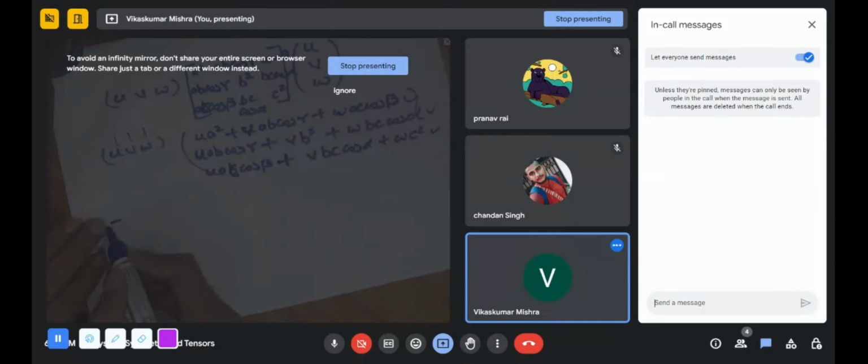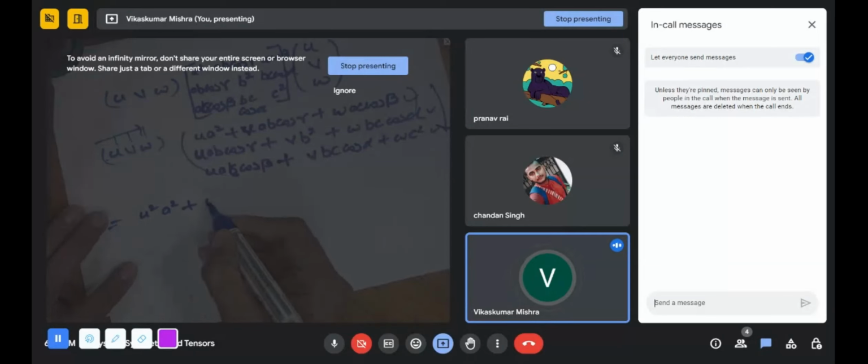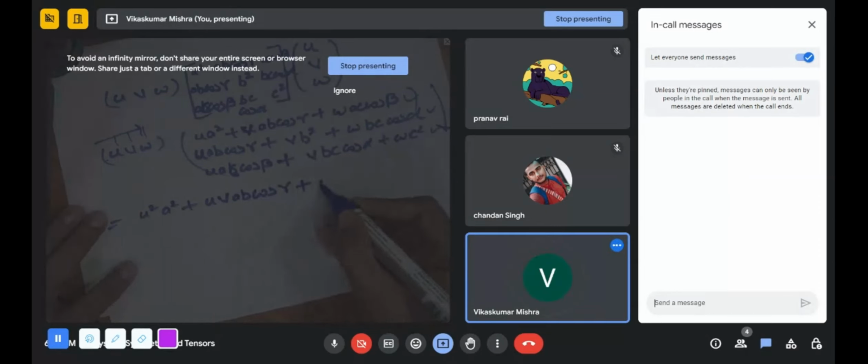We just have to multiply this row with this column. So U times the entire first entry, V times the second entry, and W times the third. We will get U square A square plus UV AB cos of gamma plus UW AC cos of beta.